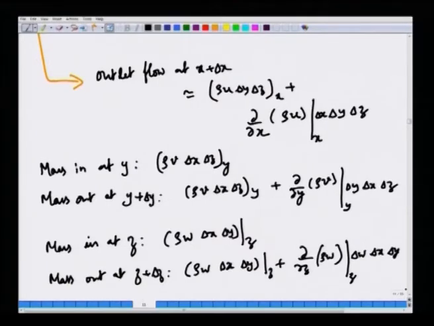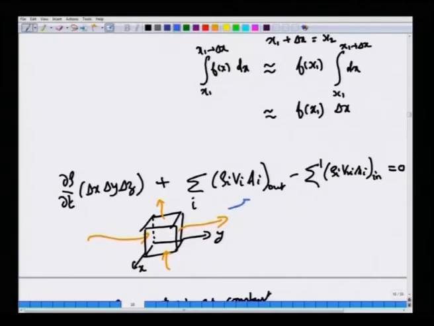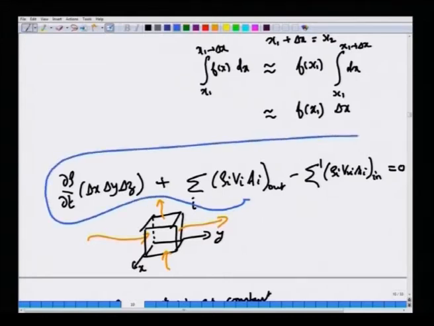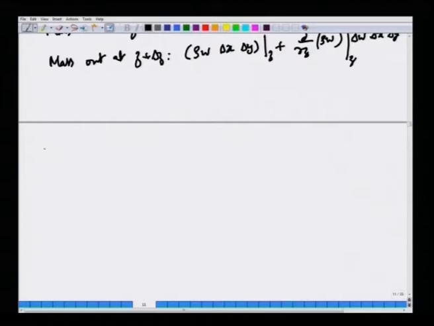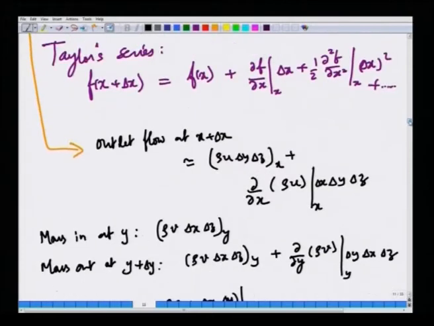If I substitute all these expansions in the first equation, I am going to do that, then what I will get is the following: d rho dt times delta x delta y delta z plus, now let us take terms one by one.